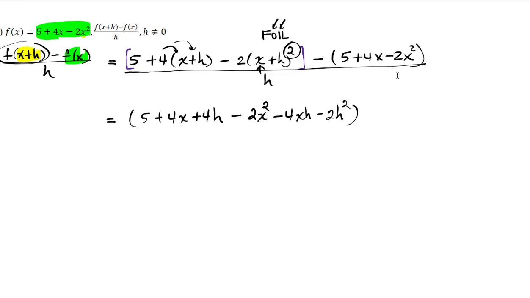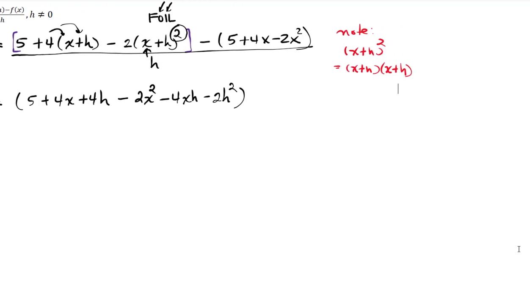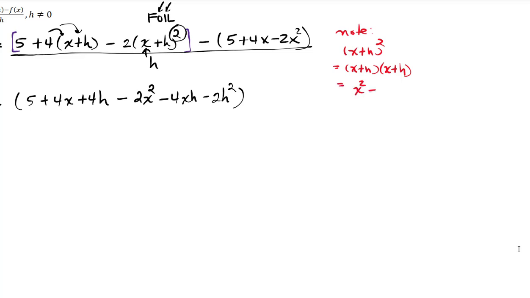Now, on the side, I'm going to just make a note that the quantity x plus h squared is the same as x plus h times x plus h. And if we simplify this using FOIL, we get x squared plus xh plus hx plus h squared.